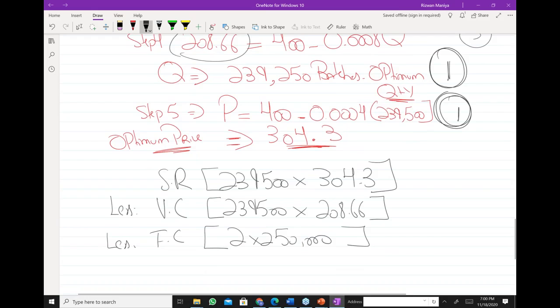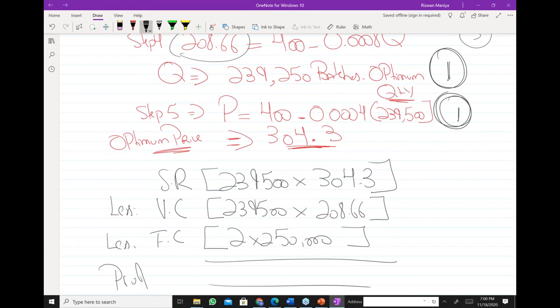And you can work out the profit, and this will give you 2 marks. So what answer are we getting? 22396,225 is the figure of profit, and this is the 12 marks that I mentioned here to you people.